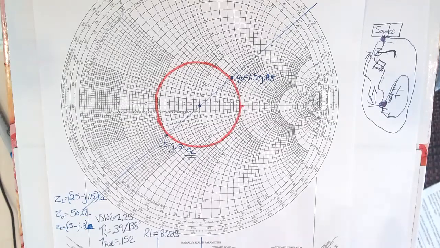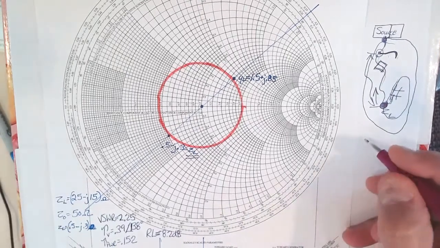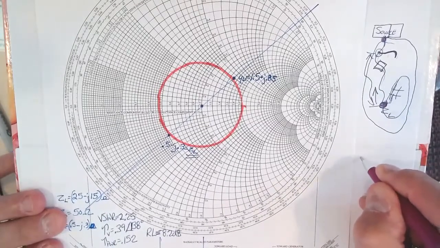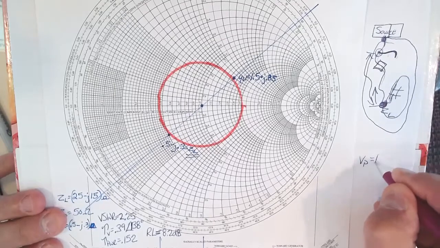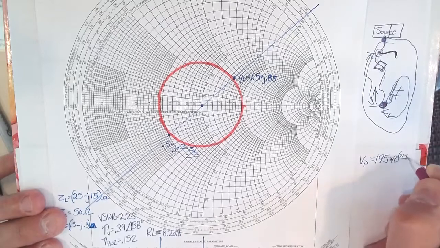Okay, so let's say that I've got this and I know that I'm using, well, let's look at a frequency. What if this was a coaxial cable, and I know that the velocity of propagation of the coaxial cable is about 195 times 10 to the 6 meters per second?